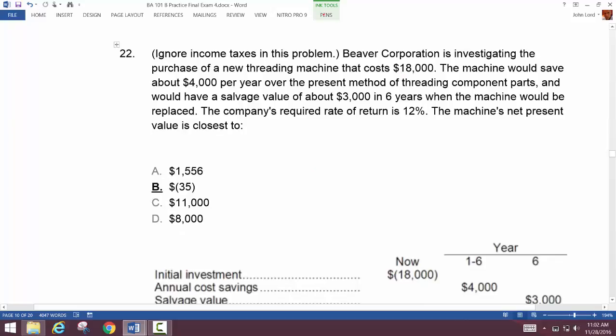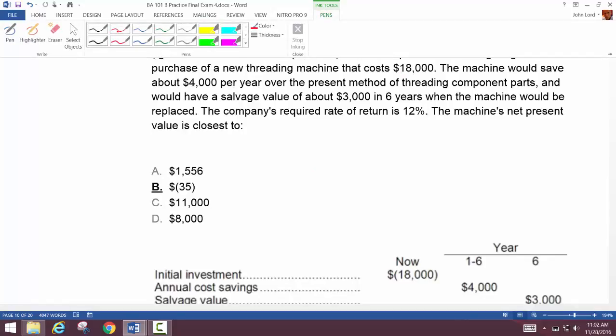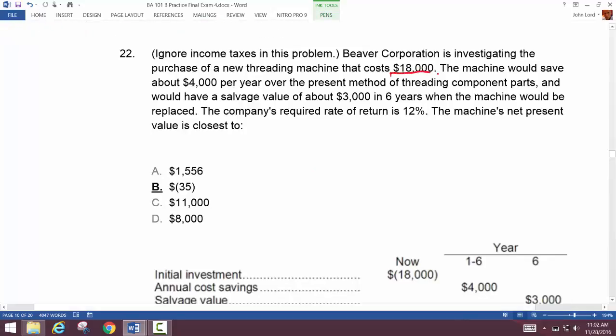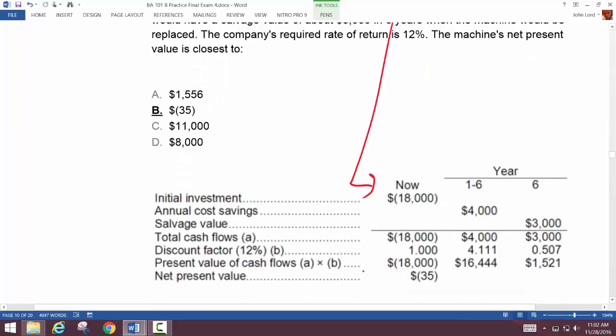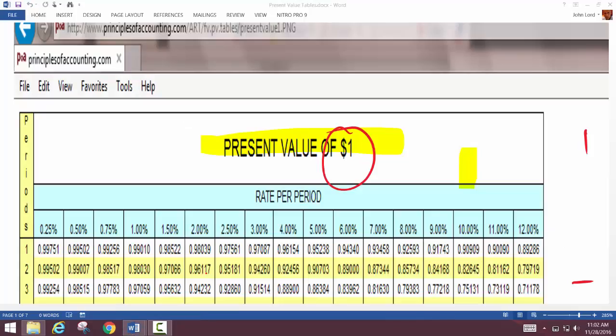And I'm just going to look at the table here with you. When you go to the answer down here in this table, 18,000 is coming out now, so I don't do any discounting on that. Then I have this 4,000, and this 4,000 is going to be 6 years at what interest rate? 12%. So I come over and look at these tables now. Which one do I use? This one, present value of a dollar?